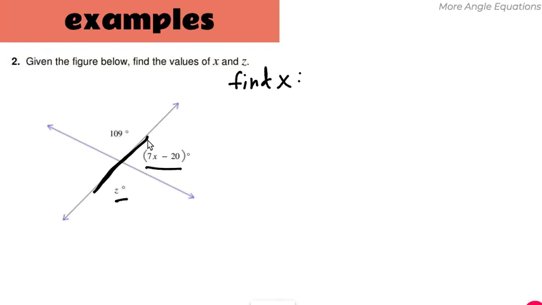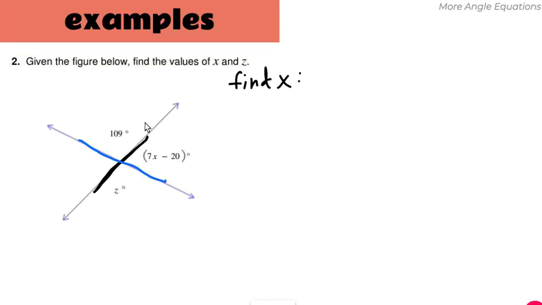The one thing that's important is we want one variable at a time. So I can't use supplementary here. I'm going to have to use supplementary here, because these two angles also make a straight line.